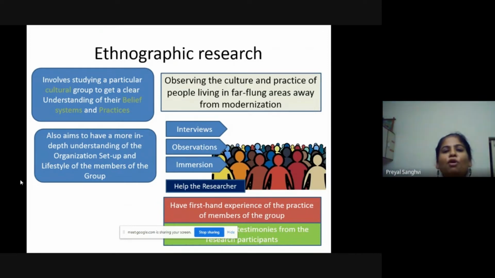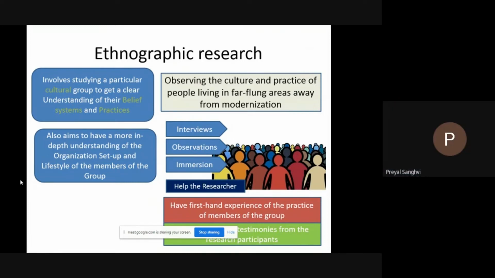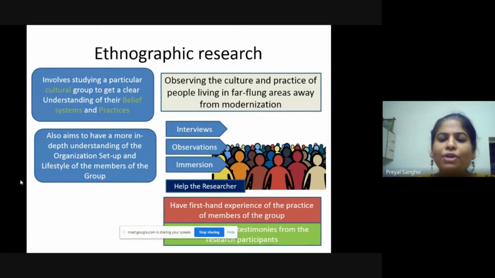If we want to do this, we can use interviews as a method, observation as a method, and immersion as a method. These are the different methods we can use to understand culture, lifestyle, beliefs, morals, and values.